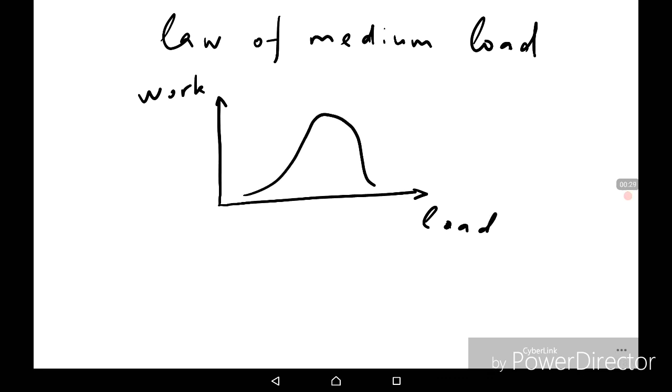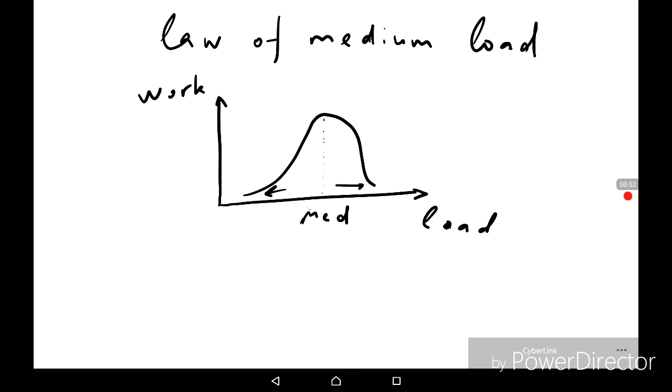So when the load is too high or too low, then the ability to produce work decreases. So at medium load, the work is maximal.